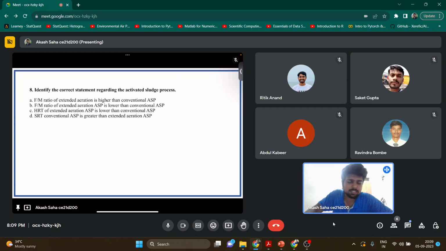Extended aeration means we are providing aeration for a very long, extended duration, right?